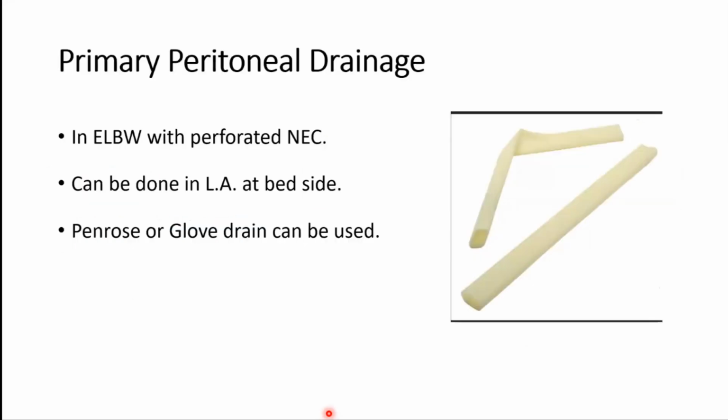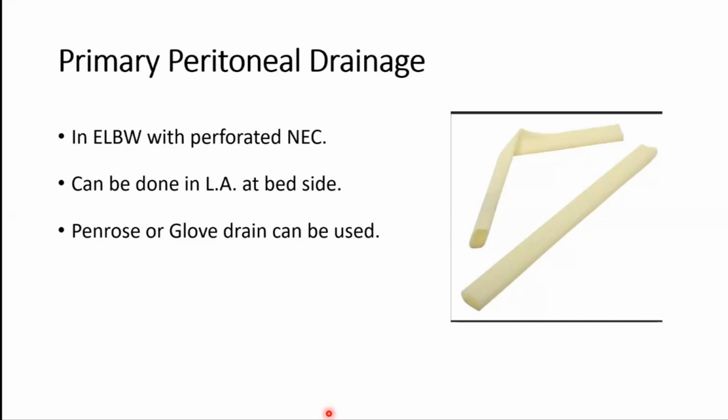Next slide, please. Primary peritoneal drainage has a lot of controversy. Few studies have compared primary peritoneal drainage and laparotomy, asking which is better and whether they have the same outcome. Few studies have shown that short-term outcomes in terms of hospital stay, morbidity and mortality are almost equal.